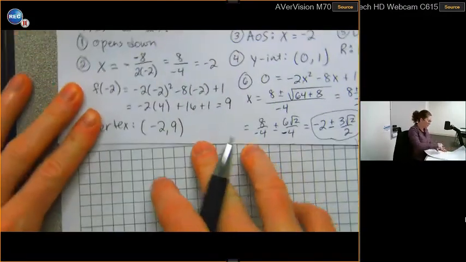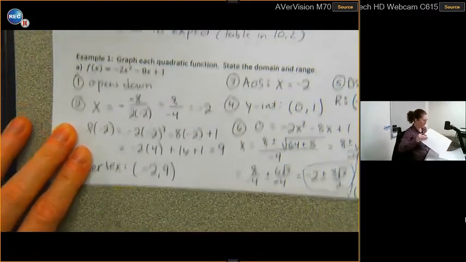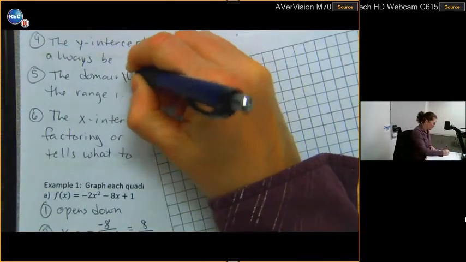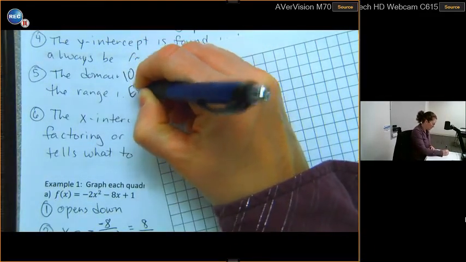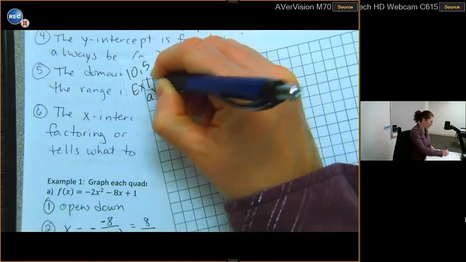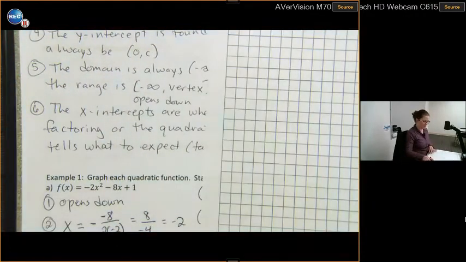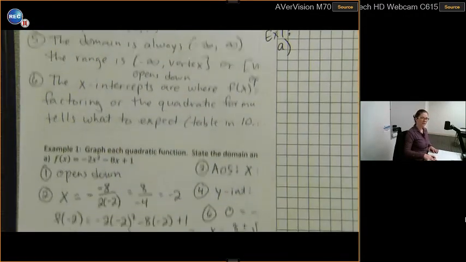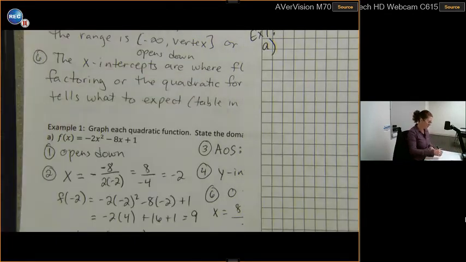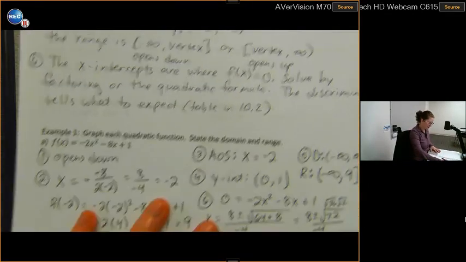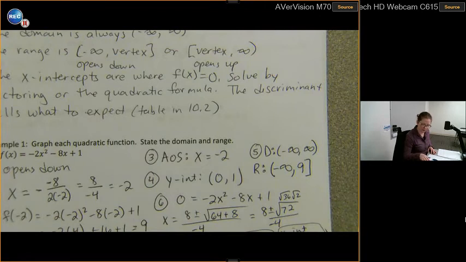I'm going to put all of my information on a graph. This is 10.5, example 1, part A. What I have is a vertex at negative 2, 9. I need decimal values. It looks like I don't have those written down, so we'll deal with that in just a minute.